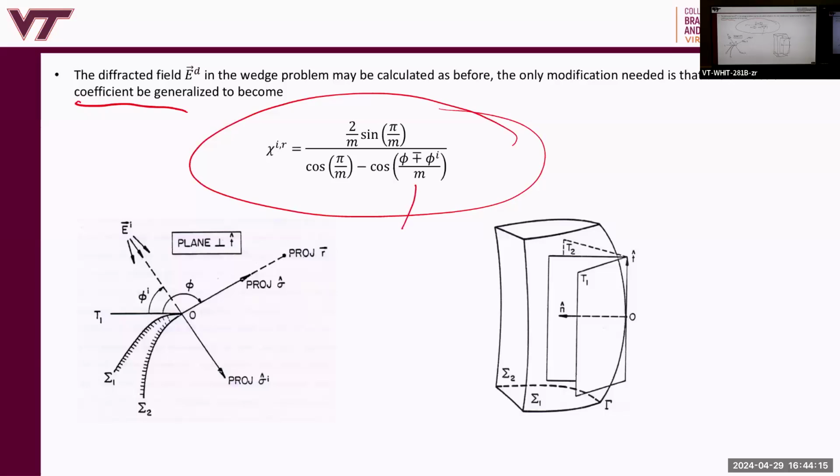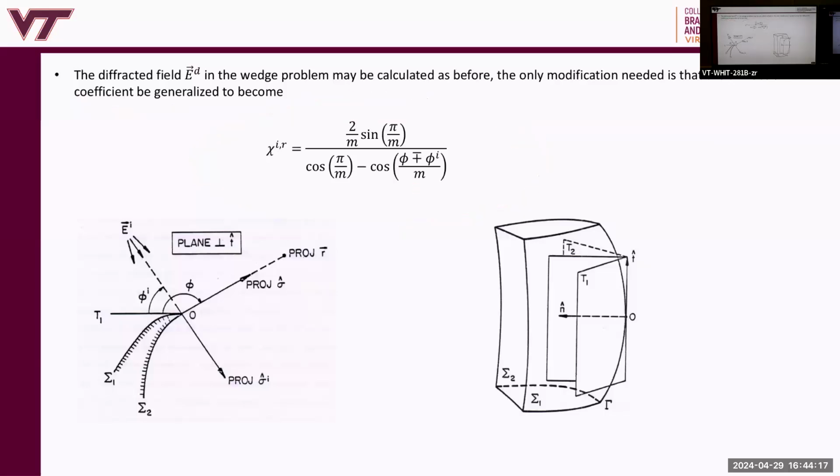And I think if m is equal to 2, this collapses back to the half-plane solution, right? So you can go back to your old notes from last semester. So that's it. If it's a corner and not a half-plane, a sharp knife edge, use these diffraction coefficients instead. That should be intuitive because we derived these last semester, yeah?